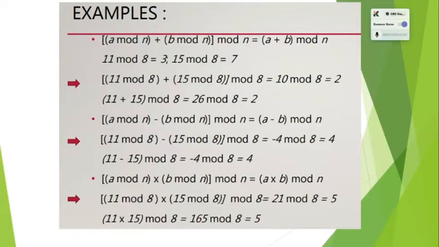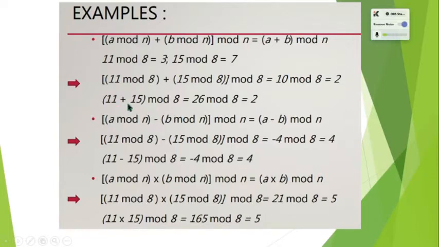Okay, so 11 mod 8 plus 15 mod 8, then mod 8, kasi nga modular 8 yung mod natin, is equal to adding the two. So that is 10 mod 8, equals 2.